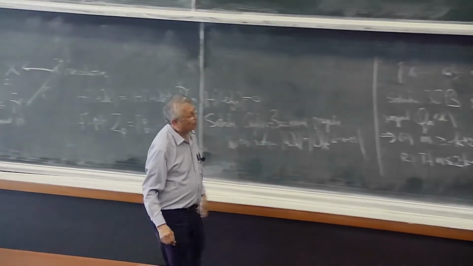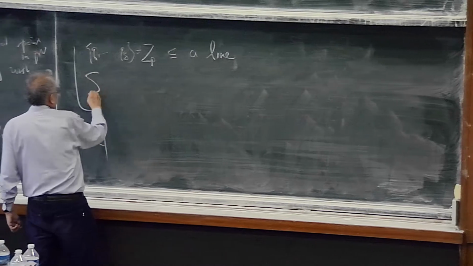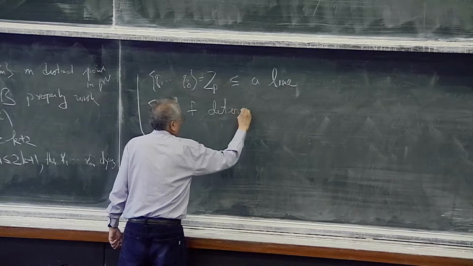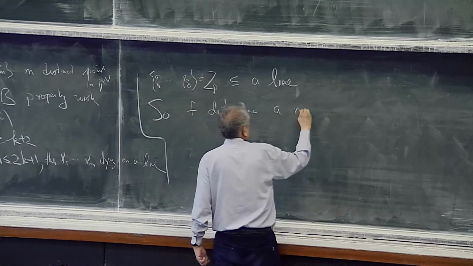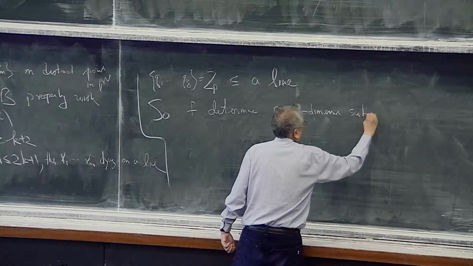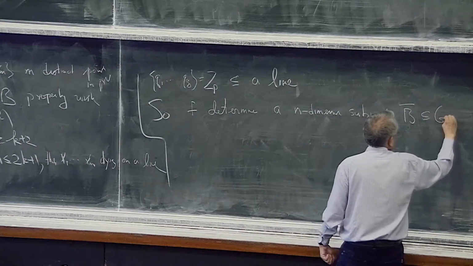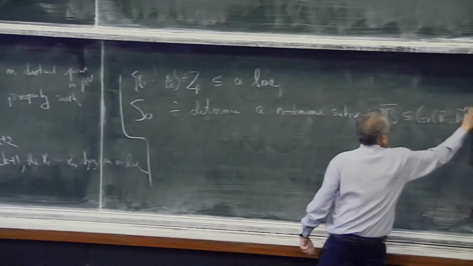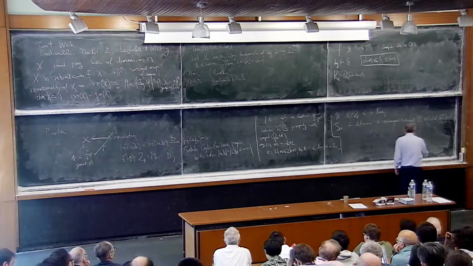So this determines a variety of dimension n, that's B bar inside the Grassmannian of lines in P^(n+1). And we can resolve this, resolve the singularity.